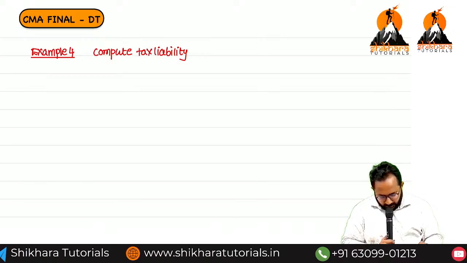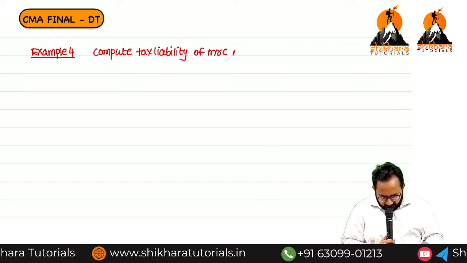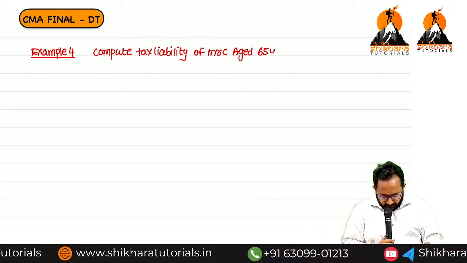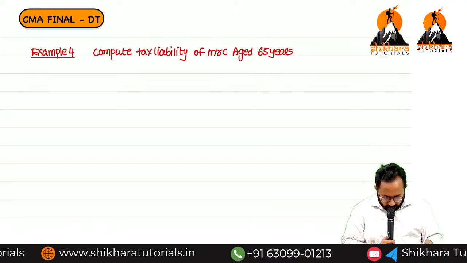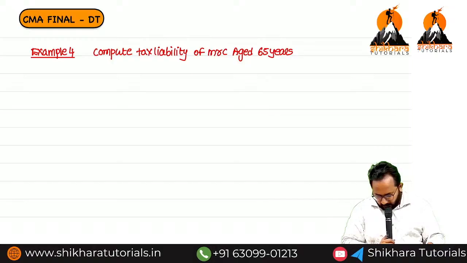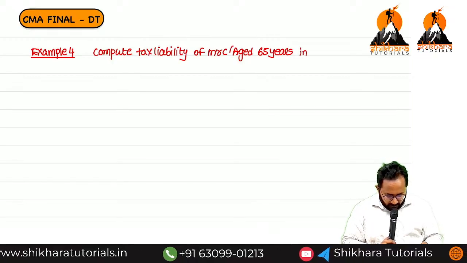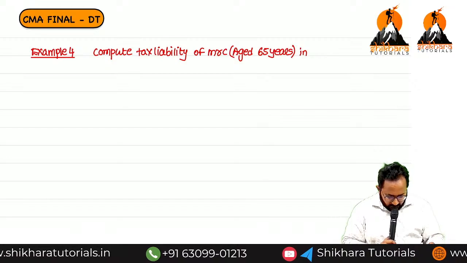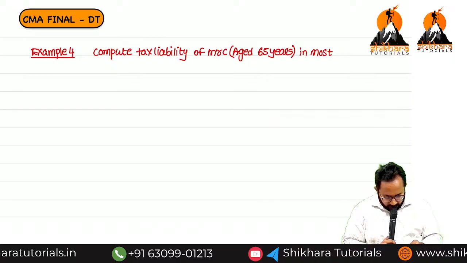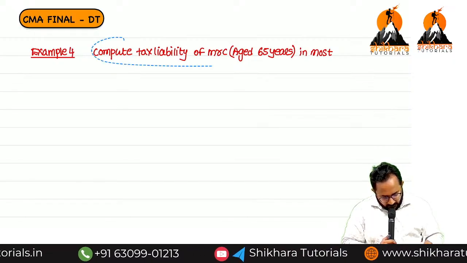Compute tax liability of Mr. C, aged 65 years. Take that rate thoroughly. Please calculate tax liability of Mr. C, whose age is 65 years, in the most beneficial manner.